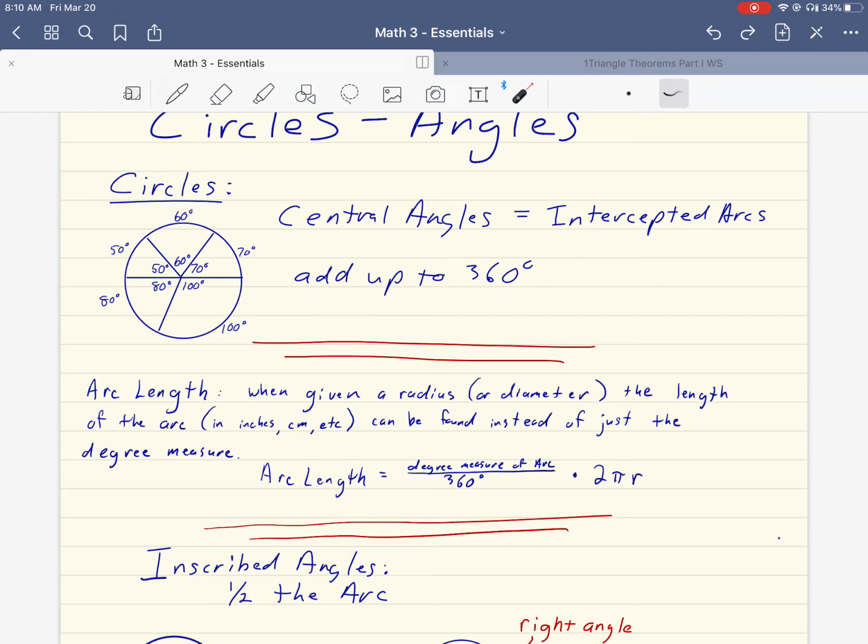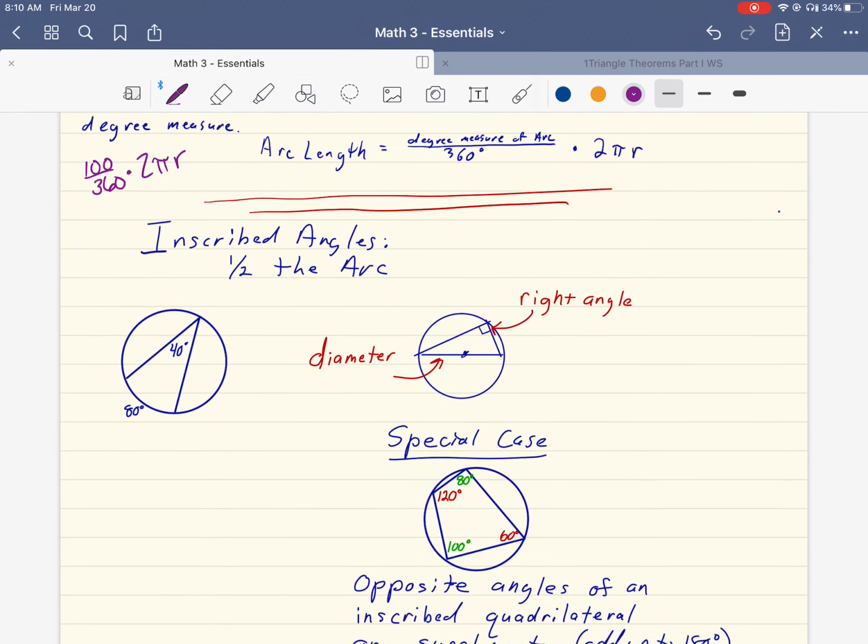So if I wanted to find the length of just this arc right here, we would type in 100 over 360 times 2 pi and whatever my radius was in this case. Okay? All right.